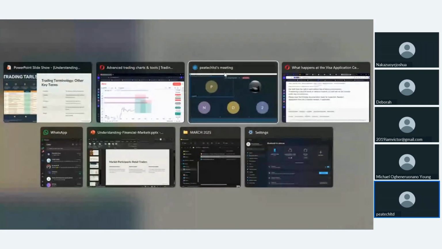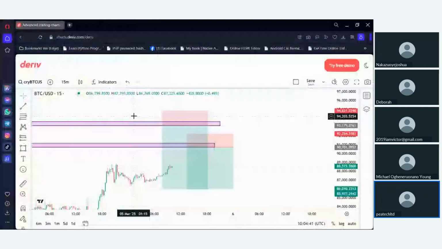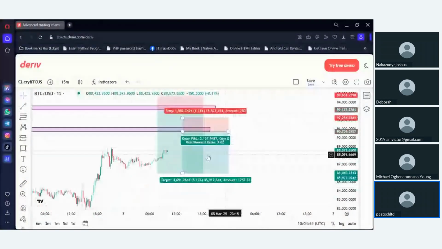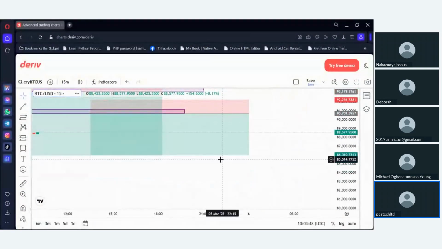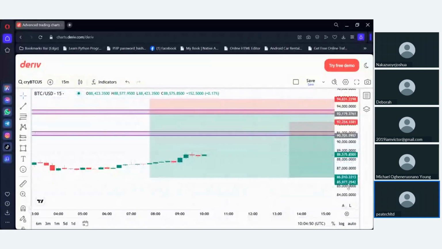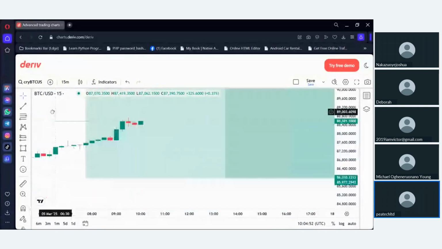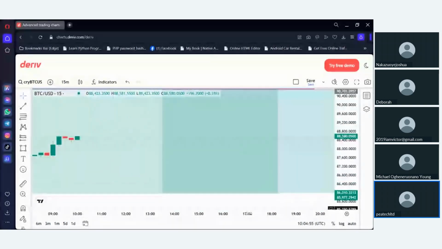Let me show you what we mean by that. So if we expand this, okay, this is Bitcoin, right? What we mean by spread: you see this current price that is counting here. This is our asking price.